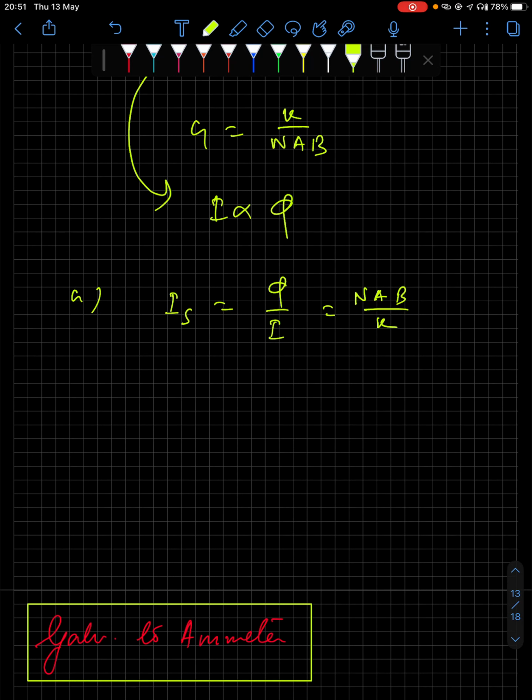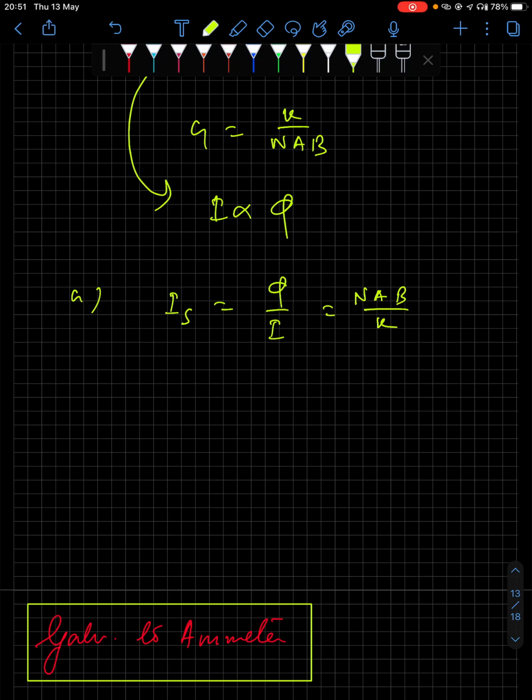So if you increase the number of turns in the coil, the galvanometer will be more sensitive. You increase the area of the coil, you increase the magnetic field, the galvanometer will be more sensitive. You decrease the value of K, the galvanometer will be more sensitive. So it is inversely proportional to K, the restoring torque per unit twist.